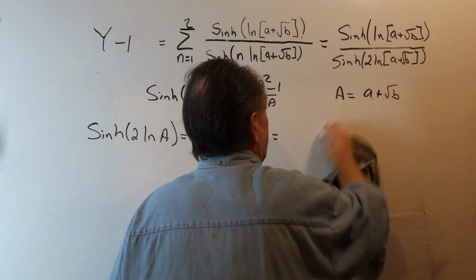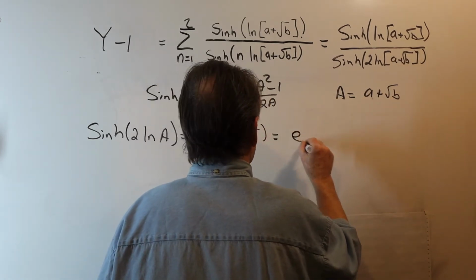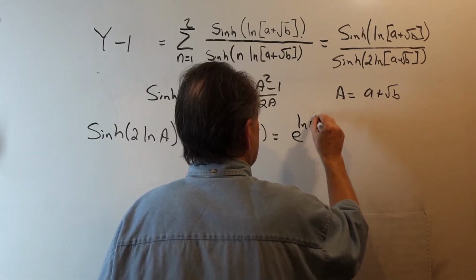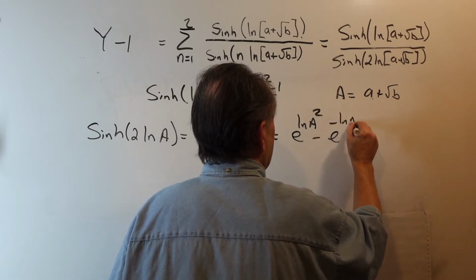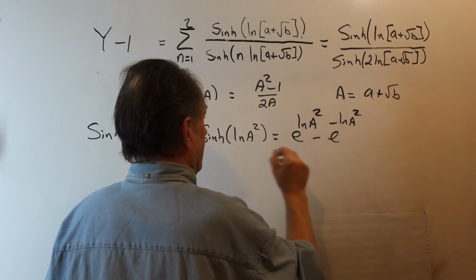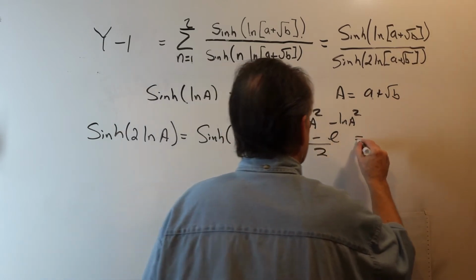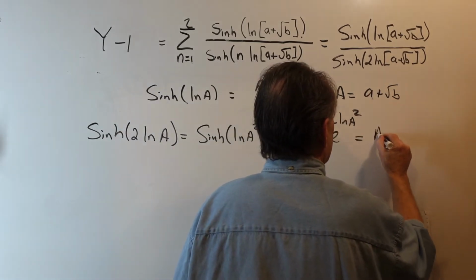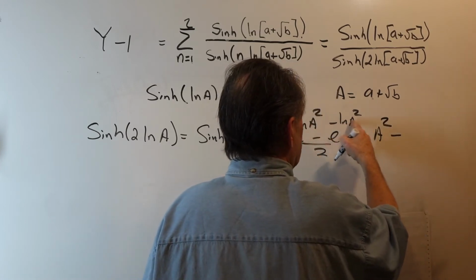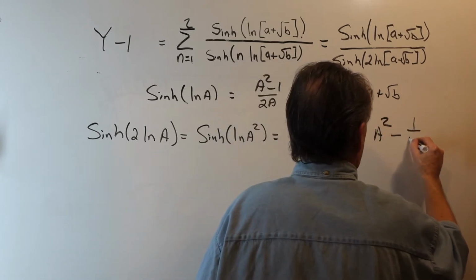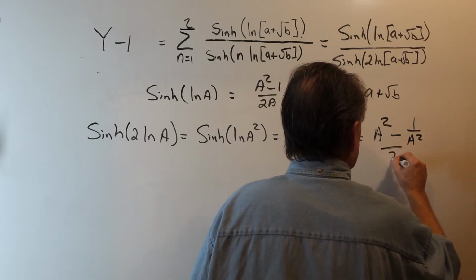Got to get the log function in there. So this is e to the natural log of a squared minus e to the minus natural log of a squared all over 2. e to the natural log of a squared is a squared minus e to the minus natural log of a squared is 1 over a squared, and this is over 2.